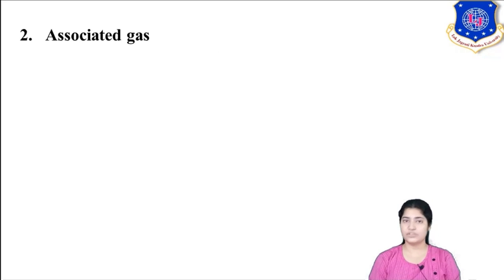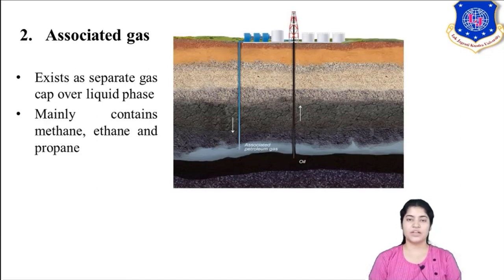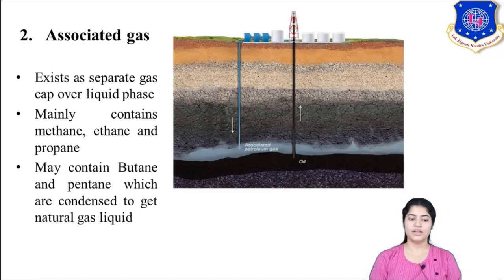Now next is associated gas. So what is associated gas? It exists as a separate gas cap over the liquid phase. You can see from the figure, the gas is forming a cap over the oil. So it exists as a separate gas layer over the liquid phase. Now, what is the composition? It mainly contains methane, ethane and propane. Of course, it may contain a little bit of butane and pentane.